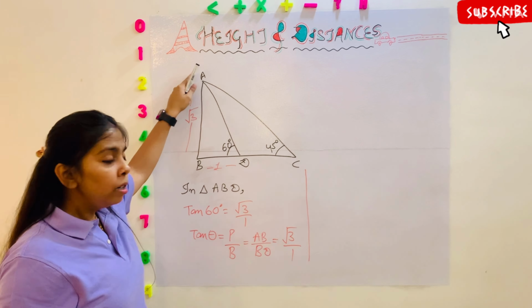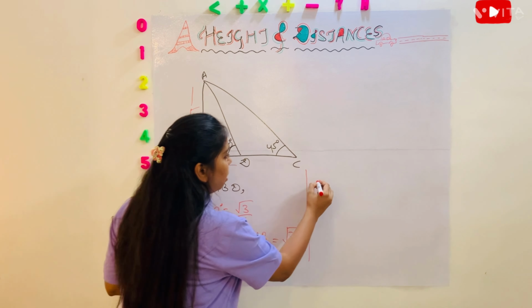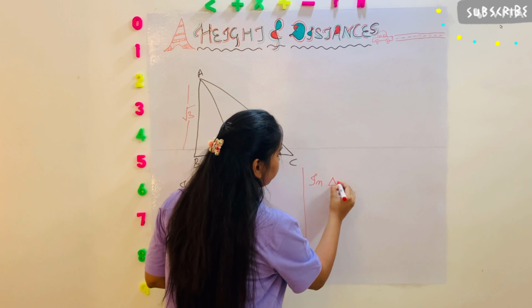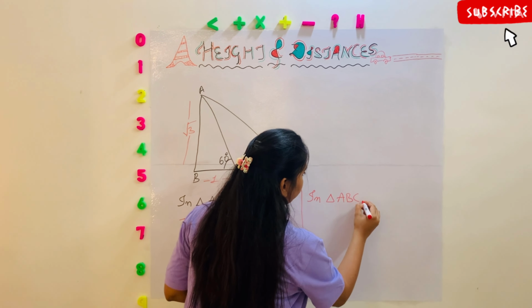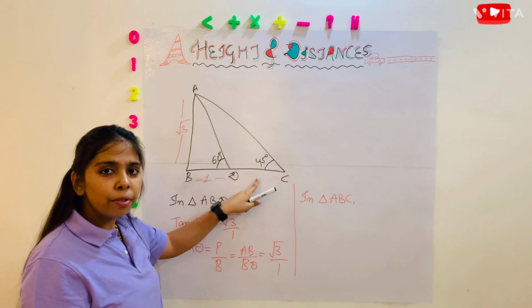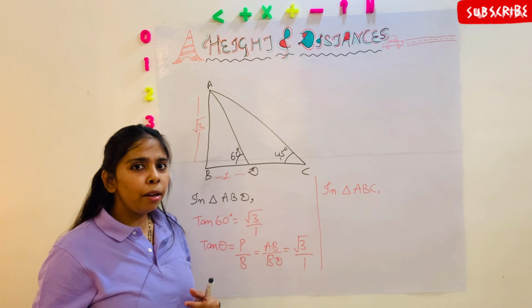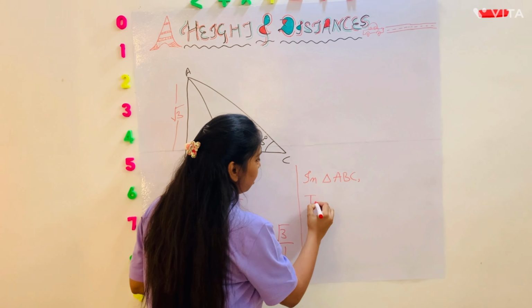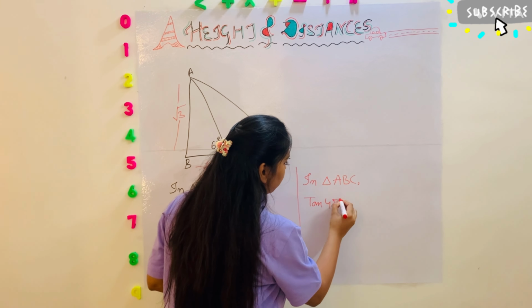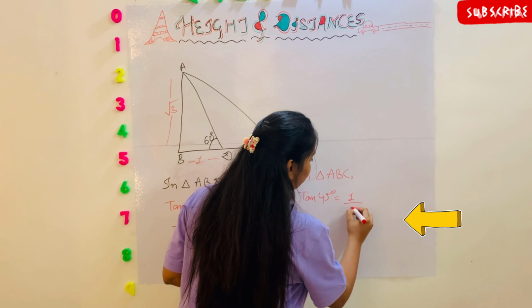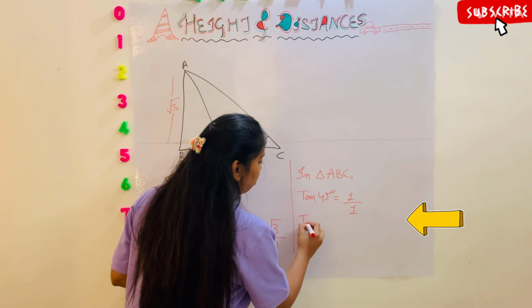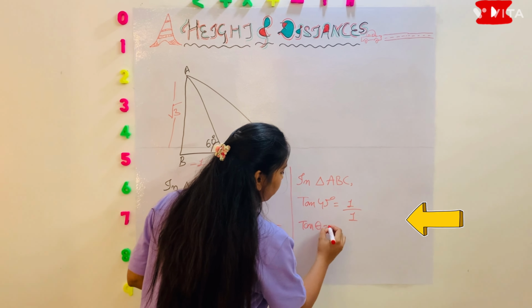Let's take a triangle ABC. In triangle ABC, we have to find out the value of tan 45 degree. The value of tan 45 degree is equal to 1 by 1. And we all know that tan theta is equal to perpendicular by base.